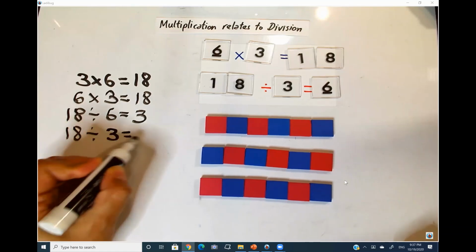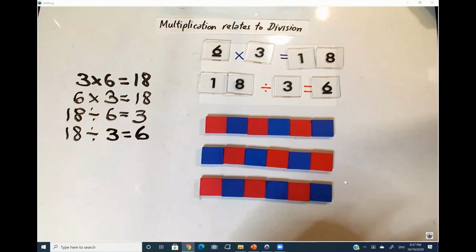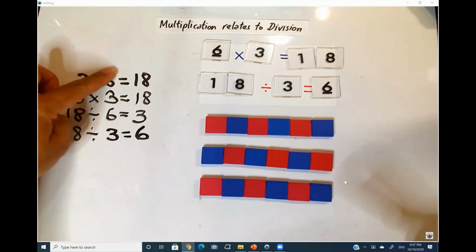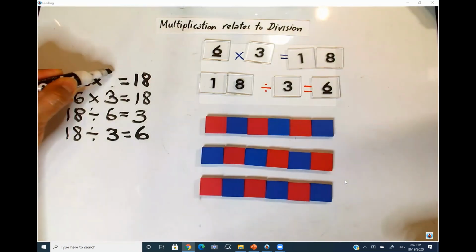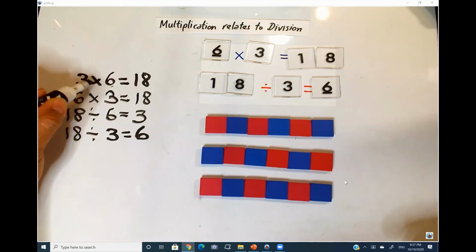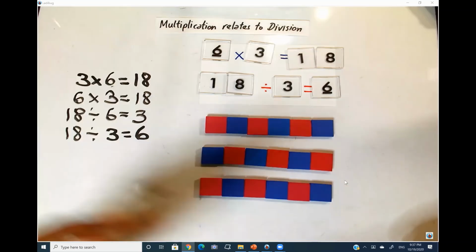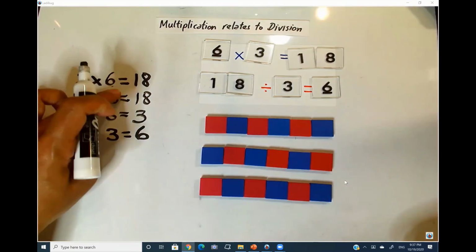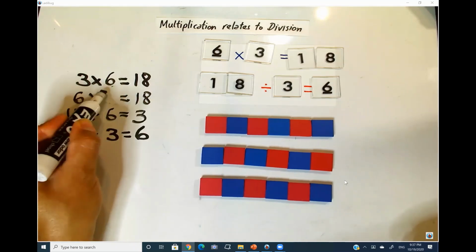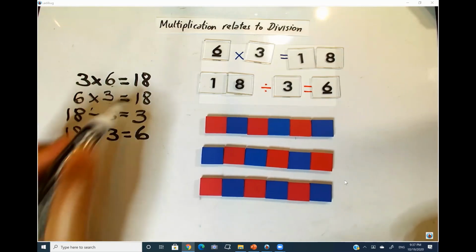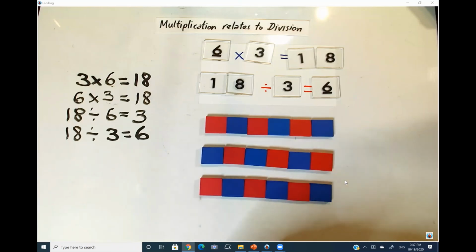So if you notice, multiplication and division relate to each other because we're using the same numbers to find the answer. So that means if I'm missing a factor, 3 times something equals 18, I know that it's going to be 6 because 3 times 6 is 18. If I'm missing the number 3 here, 6 times a mystery number equals 18, I know it's 3 because 6 times 3 is 18. I can have the same here.